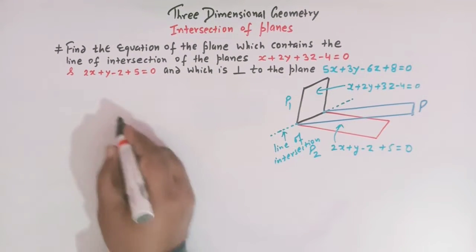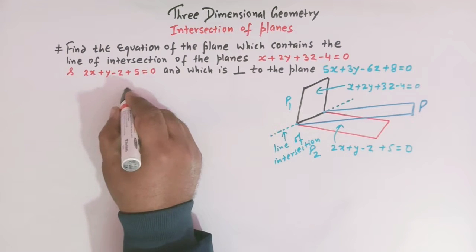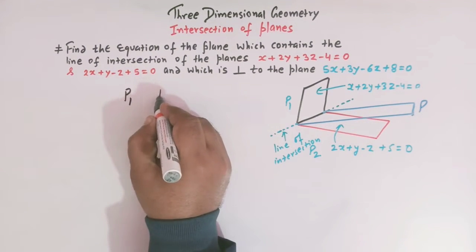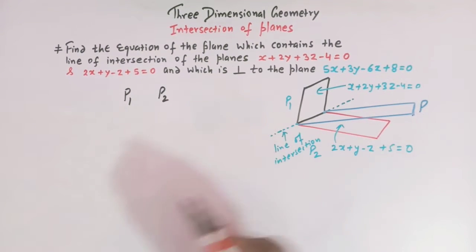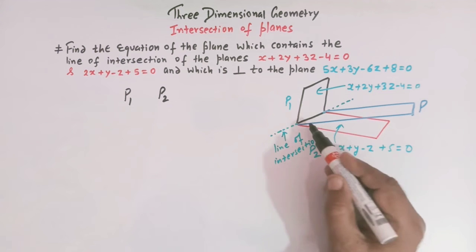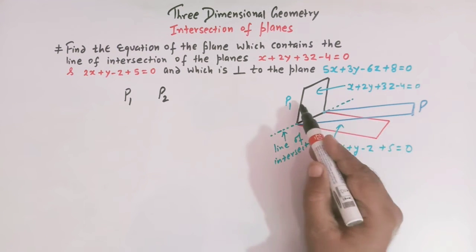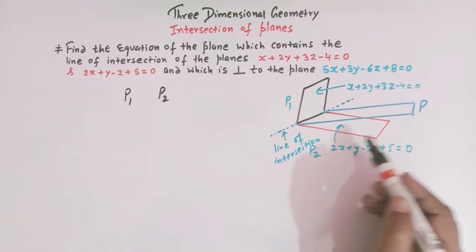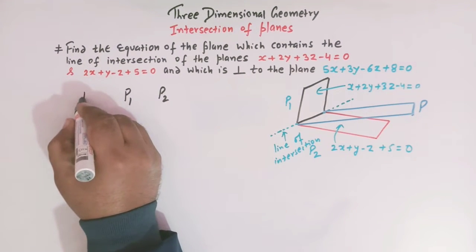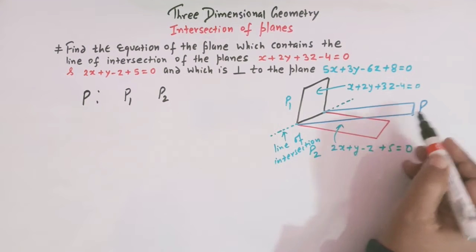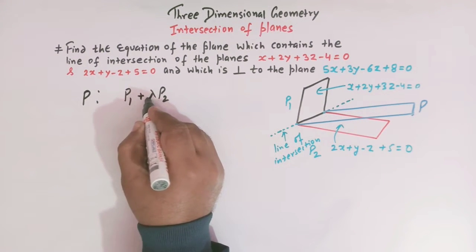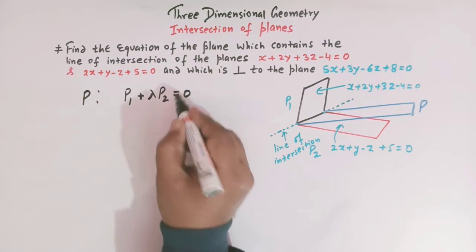So now suppose we are given a plane P1 like this and a plane P2 like this, and we have to find the equation of a third plane which passes through the line of intersection of these two planes, and that plane is P. So the equation of this plane P is P1 plus lambda times P2 is equal to 0.